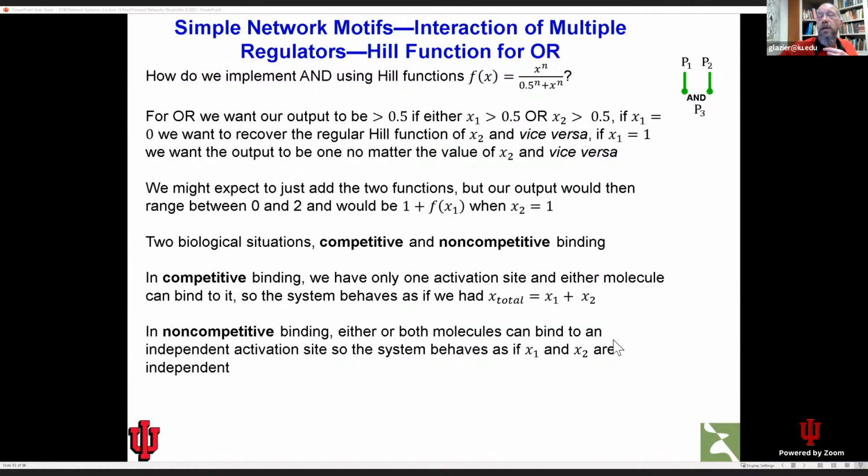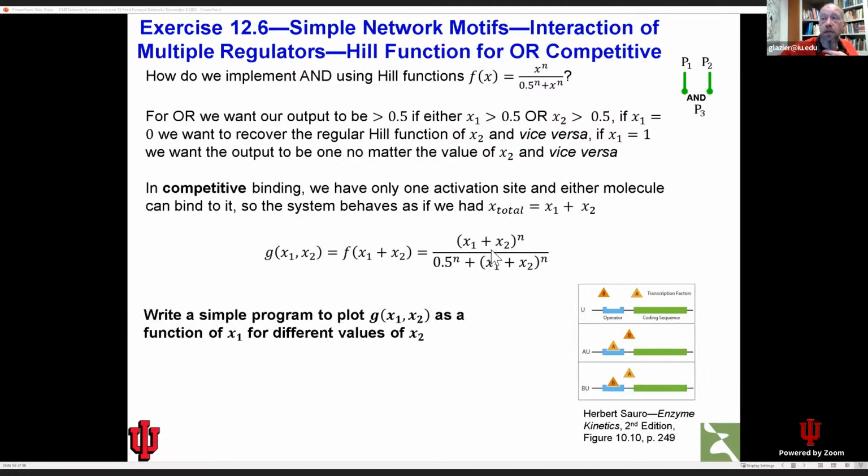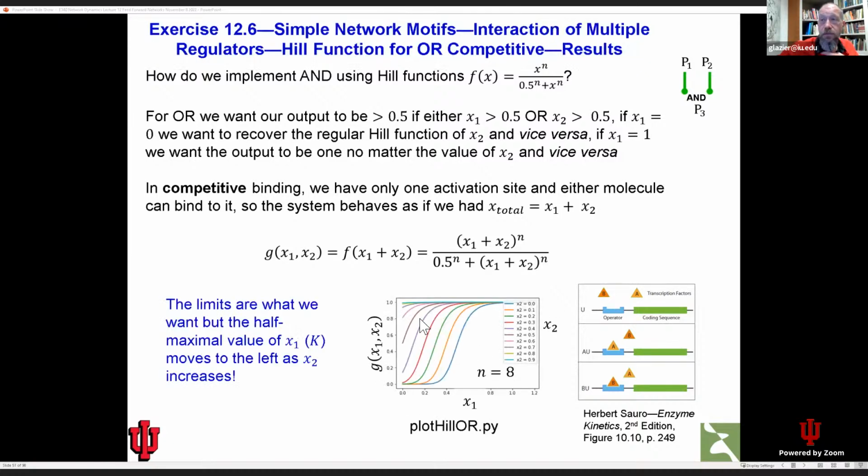For OR, there are what are called competitive and non-competitive ORs, which is the difference that Peter was talking about. Here is one Peter proposed: x1 plus x2 to the n over 0.5 plus x1 plus x2 to the n. That gives you something where the top value is always the same, the bottom value is always the same, and the hill function gets moved to the right as you increase.